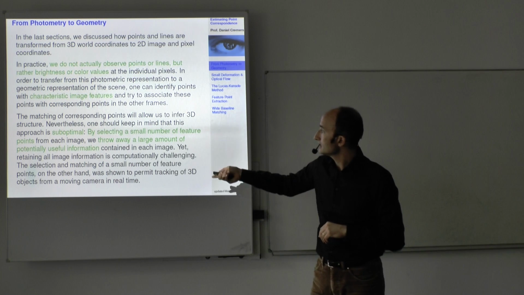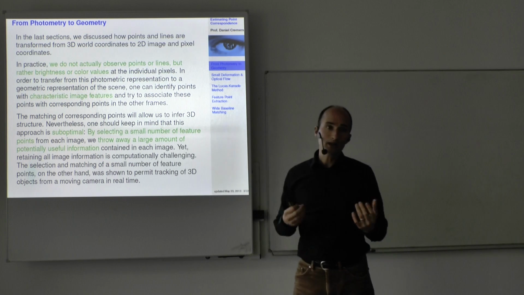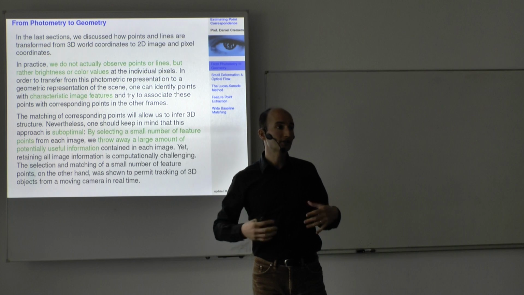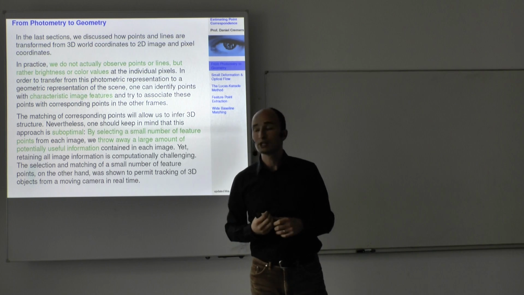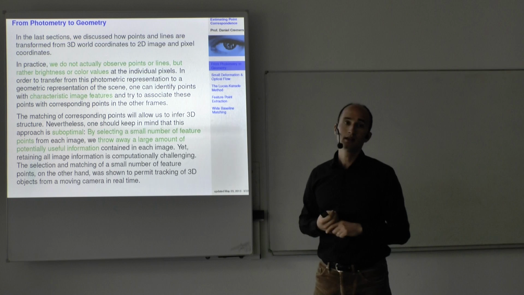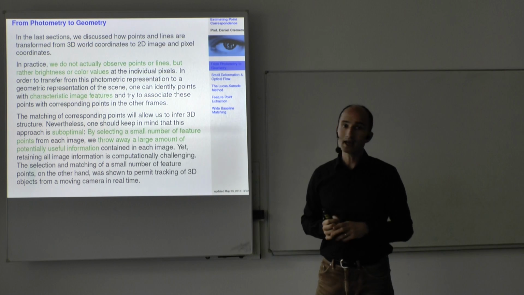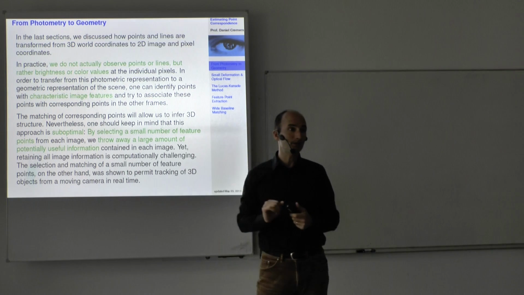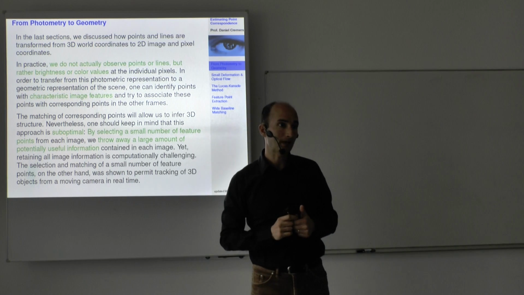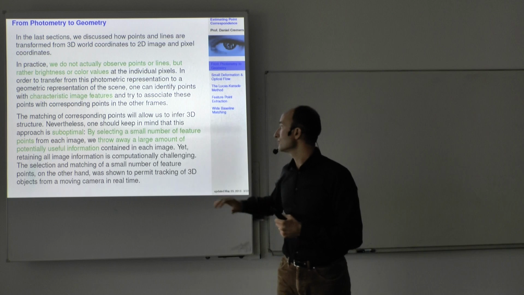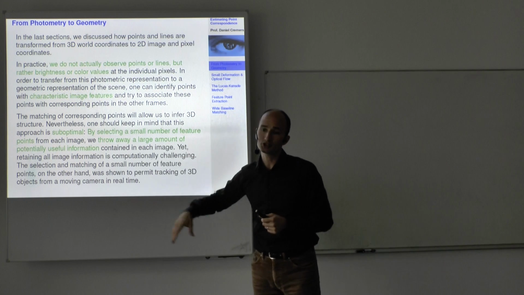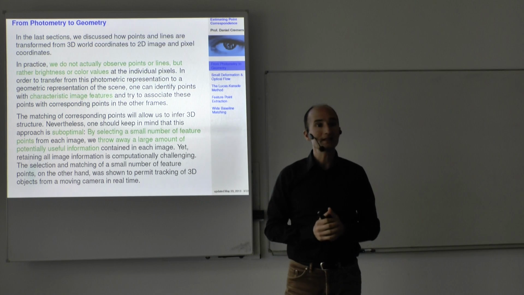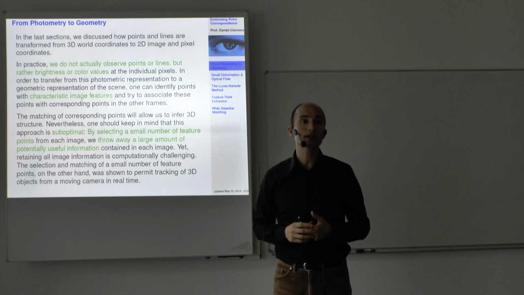Yet, I wrote this here, retaining all image information, all colors and brightness values of every image is computationally challenging. I had slides a few years ago where it said computationally infeasible. This is not true any longer. You can use all the information, and these are so-called dense methods: dense tracking, dense reconstruction algorithms.